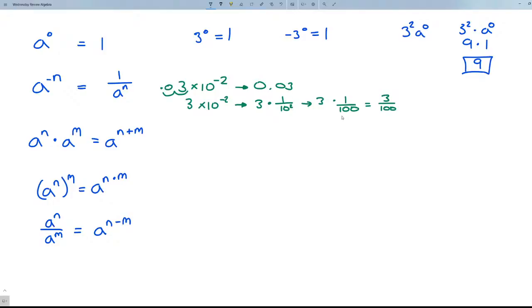So when you have an exponent that is to the negative power, it's the same thing as having 1 over that base to the power, but it's a positive power.